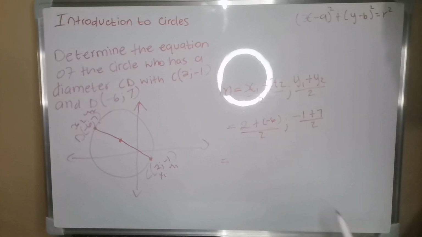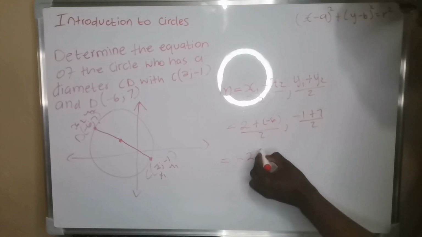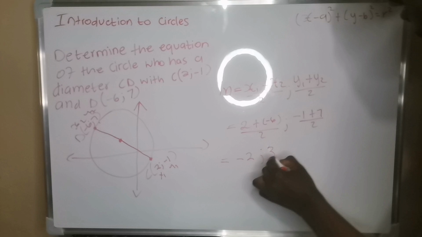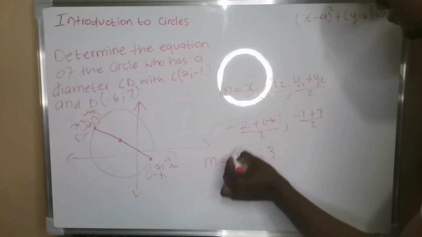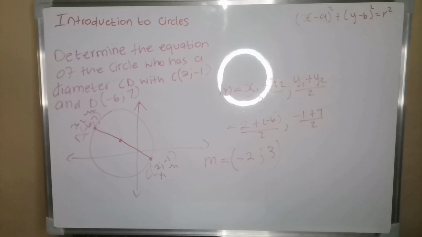Then 2 minus 6 is negative 4, and negative 4 divided by 2 is negative 2, and 7 minus 1 is 6, 6 divided by 2 is 3. Therefore, these are the coordinates of M, our center. I hope you can see it, guys.